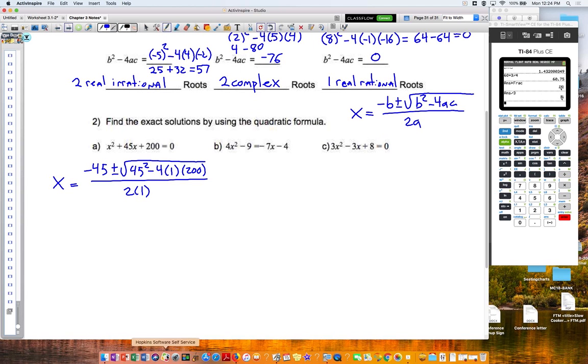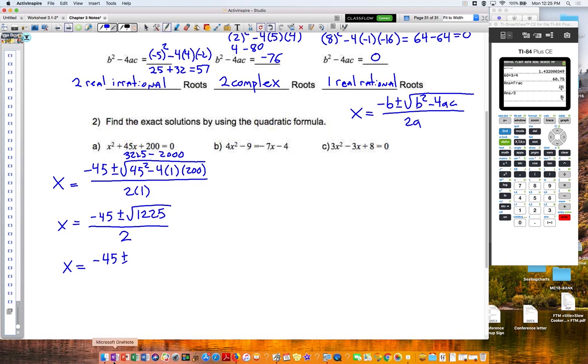So 45 squared, wow, 2025 minus 800. So I have x equals -45 plus or minus the square root of 1225 all over 2. Well, the square root of 1225 is actually a nice number.